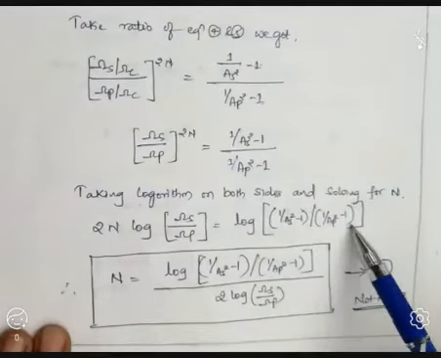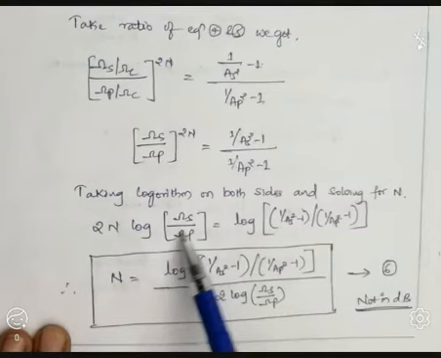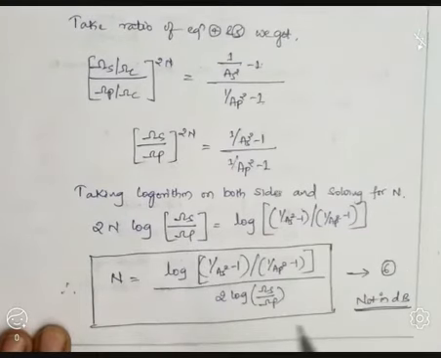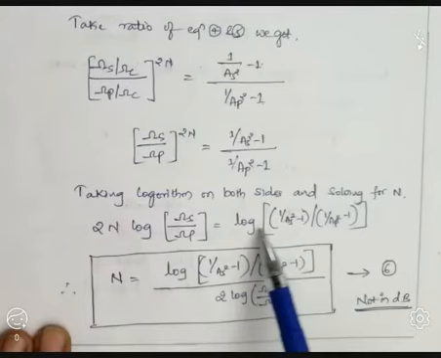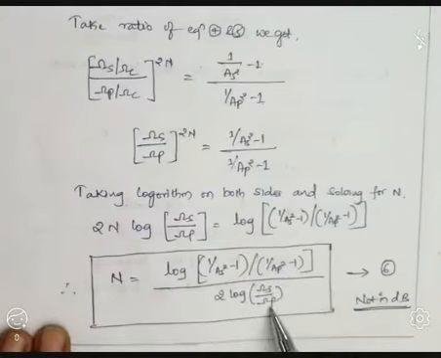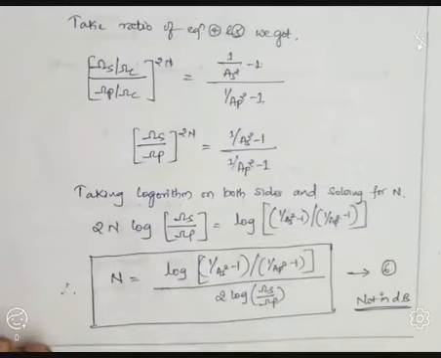Then except n, the remaining terms I will take towards the RHS, then this equation becomes n equal to the log term as it is, divided by 2 log of omega s by omega p. So this is the equation used for calculating the order of the Butterworth filter.